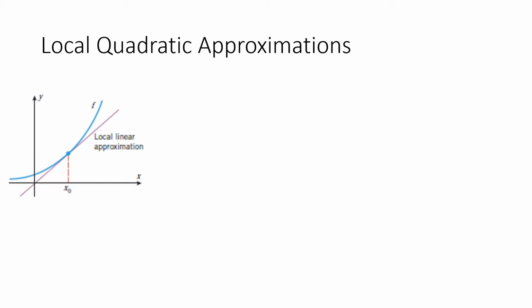can be expressed as f of x is approximately equal to f of x sub 0 plus the first derivative of the function at x sub 0 times x minus x sub 0.